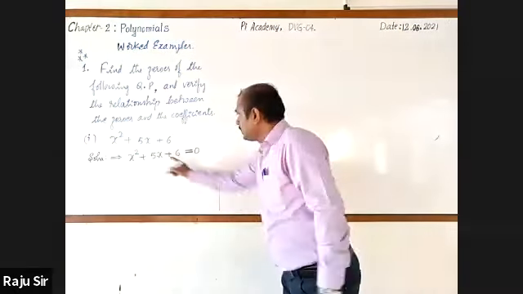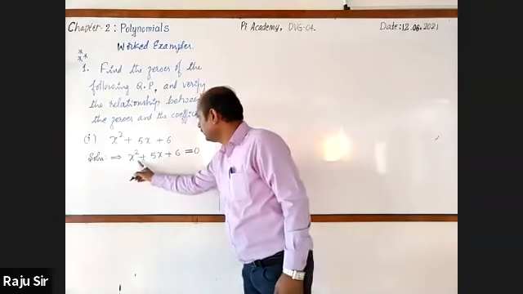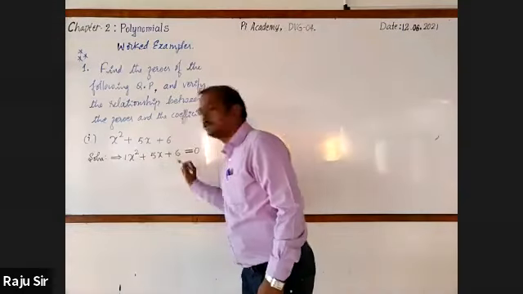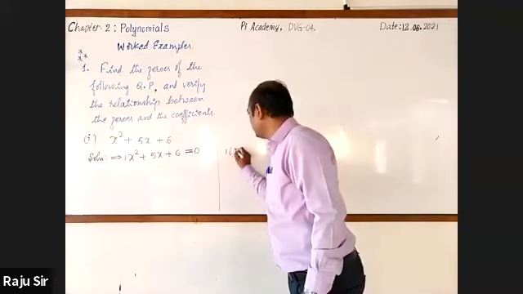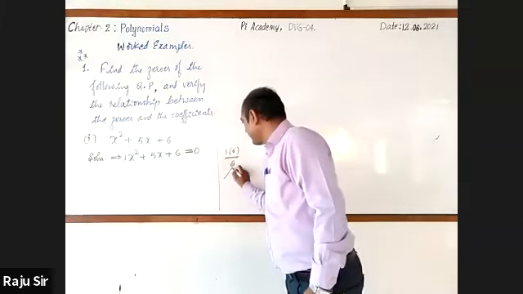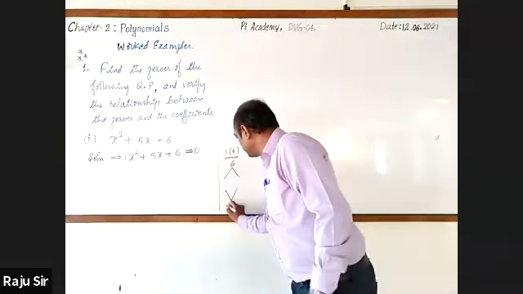Next, let us go for splitting the middle term. Before that, multiply the first and last terms. Here is 1, here is 6. 1 into 6 is 6. The middle term is 5.